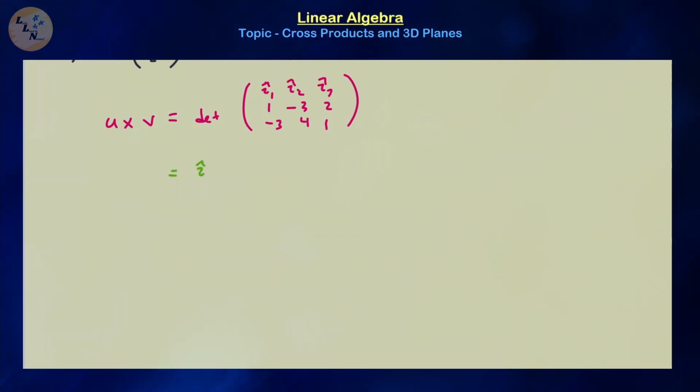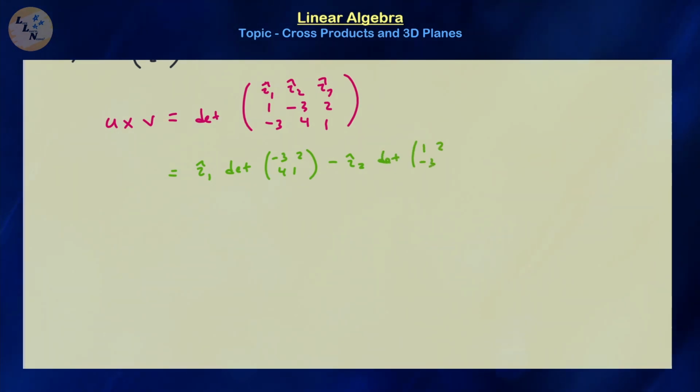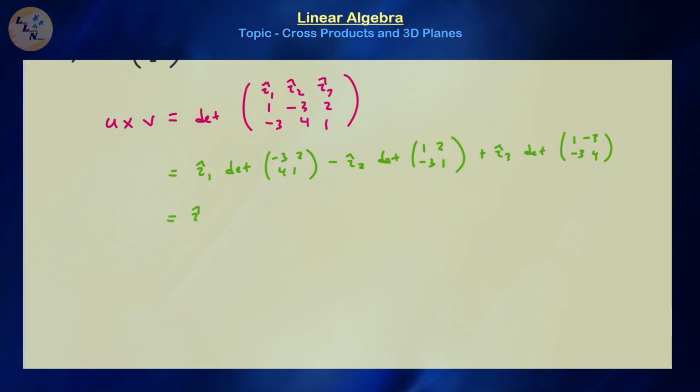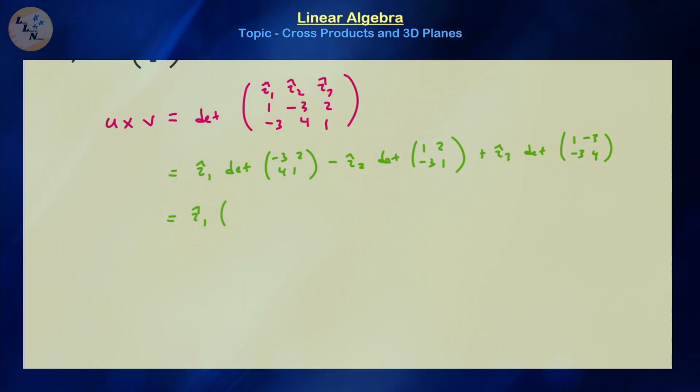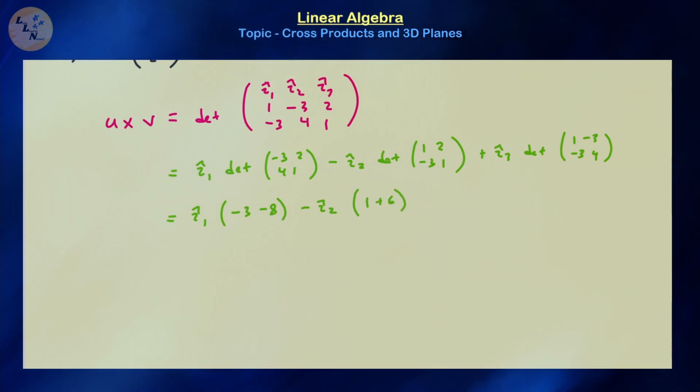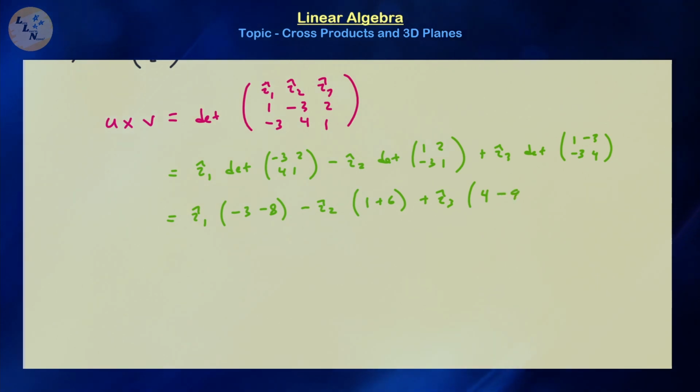This is going to be equal to i1 times the determinant of [-3, 2; 4, 1], minus i2 times the determinant of [1, 2; -3, 1], plus i3 times the determinant of [1, -3; -3, 4]. That's going to give us i1 times (-3 times 1 is -3, minus 8), minus i2 times (1 plus 6), plus i3 times (4 minus 9).